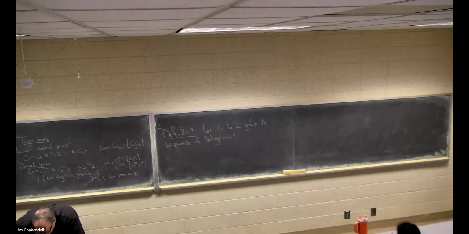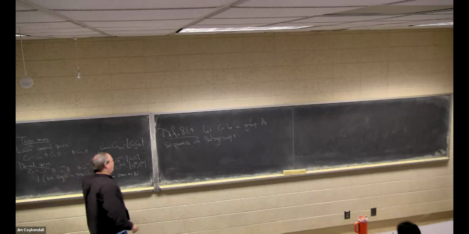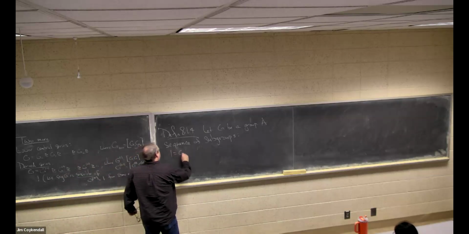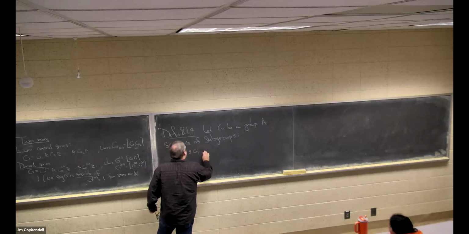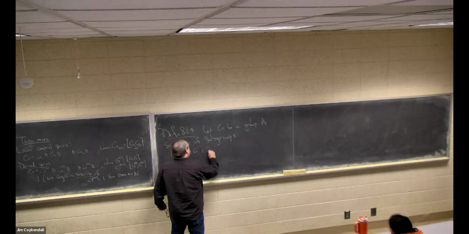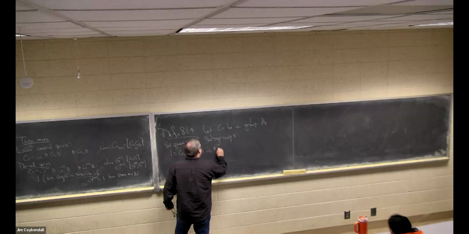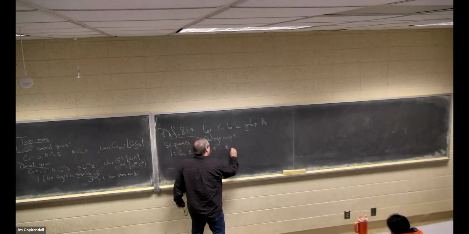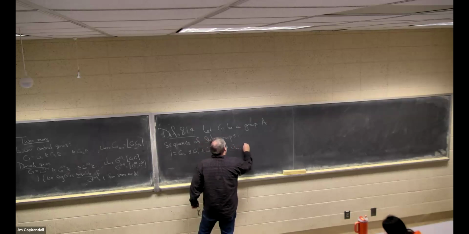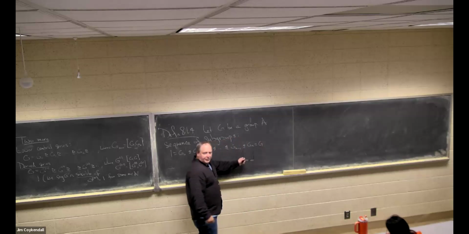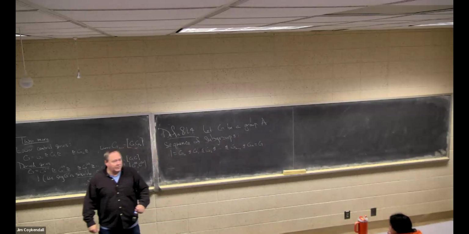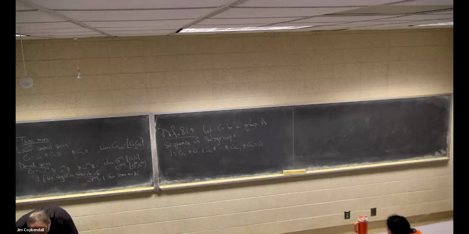I'm going to call one G0, which is normal, and G1, which is normal, and G2. And let's suppose that this is a sequence of normal subgroups that go from one all the way up to the full group.